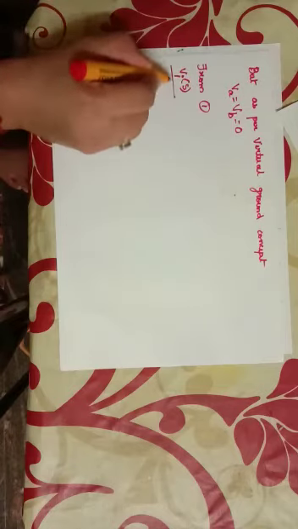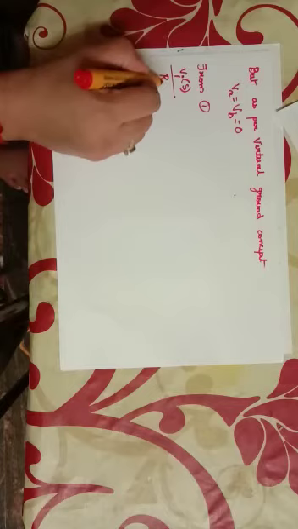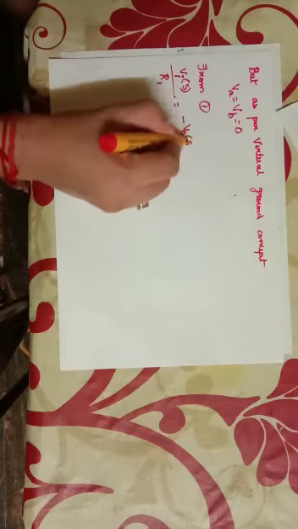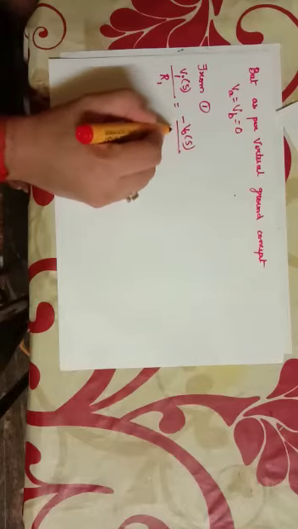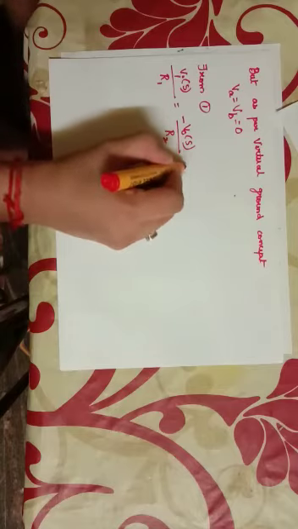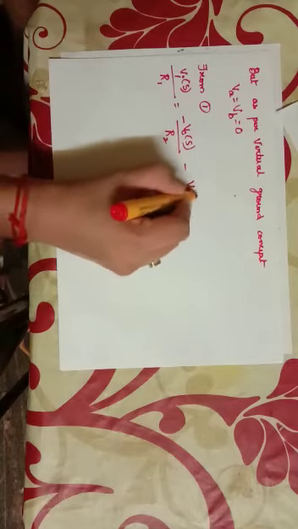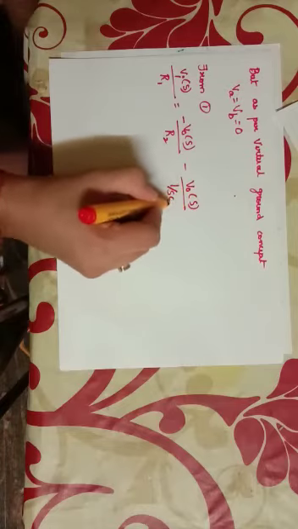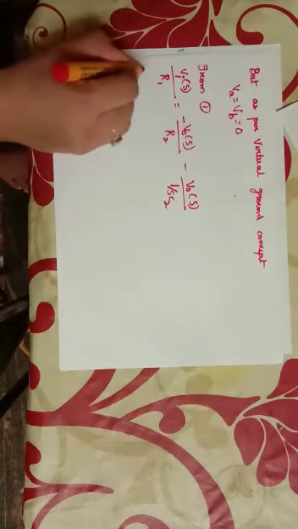Vi of S divided by R1, that is equal to minus V0 of S divided by R2 minus V0 of S divided by 1 by S C2.